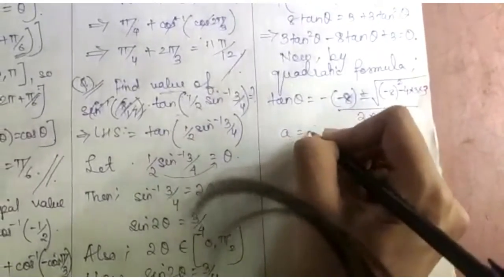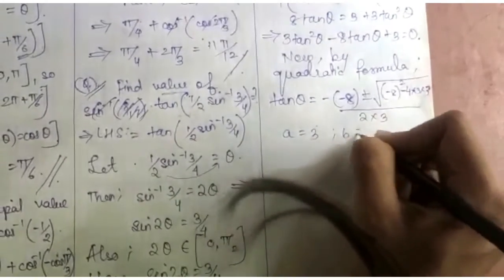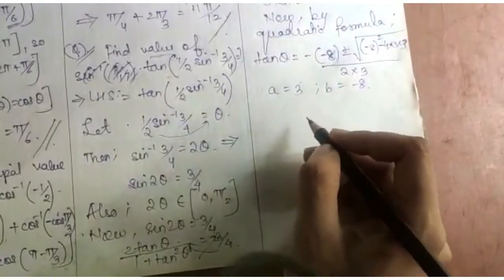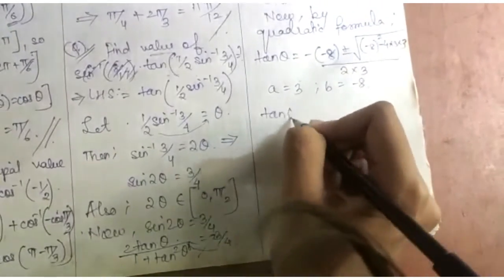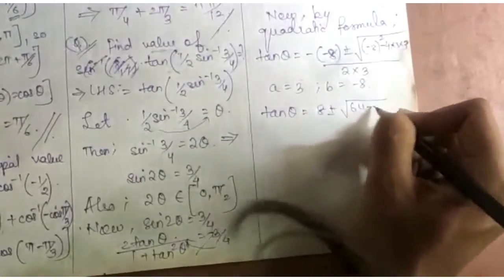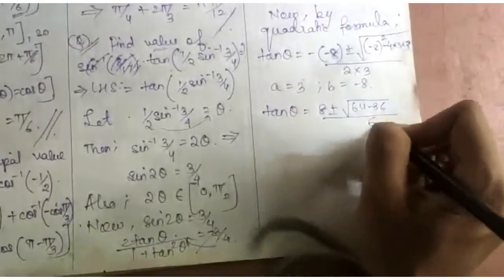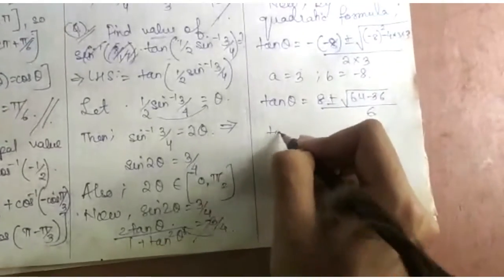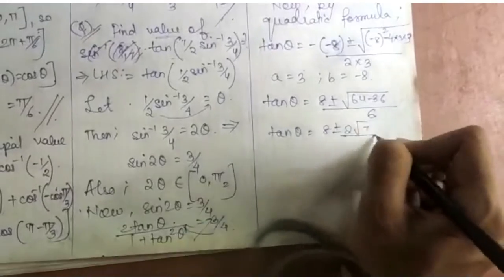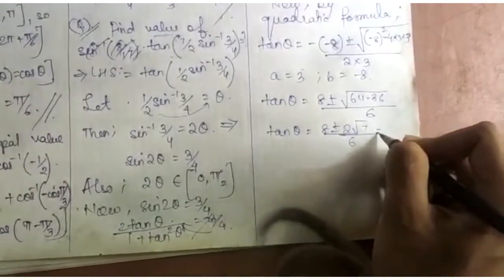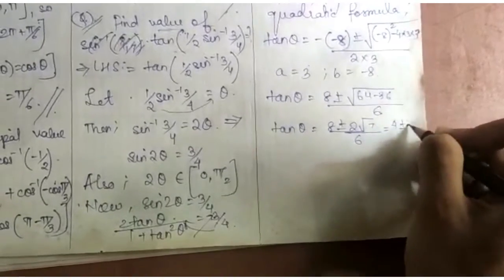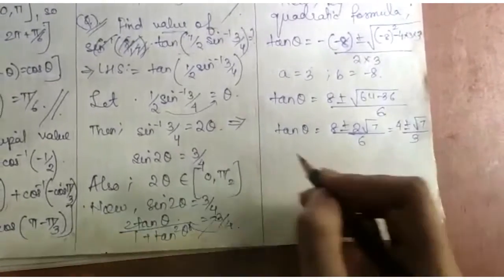Your a here is 3, your b is minus 8. So by solving, we get tan theta is equal to 8 plus or minus under root 64 minus 36 upon 6, that is tan theta is equal to 8 plus or minus 2 root 7 upon 6, which is equal to 4 plus or minus root 7 upon 3.